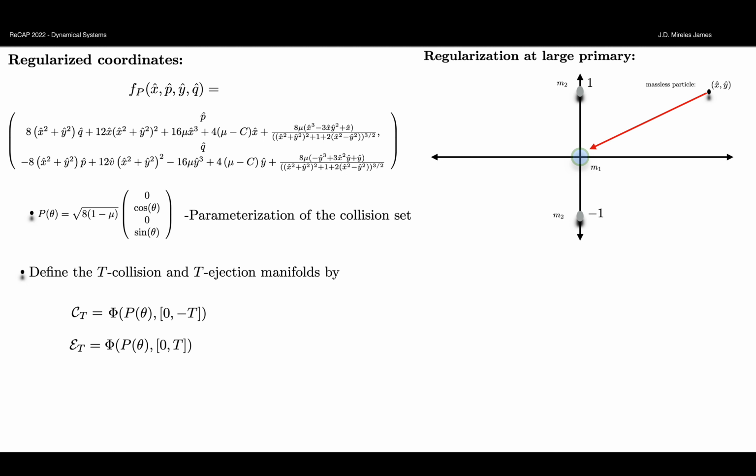Well, that means any point on that cylinder is a point that collides in forward time. So we call this the collision cylinder associated with the time t. And then likewise, we have an ejection cylinder associated with taking the collision circle and flowing it forward. So those are things that in backward time would have an ejection in time t.